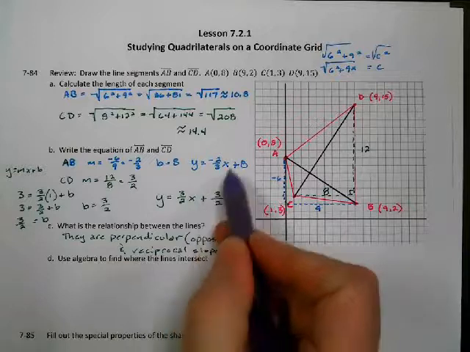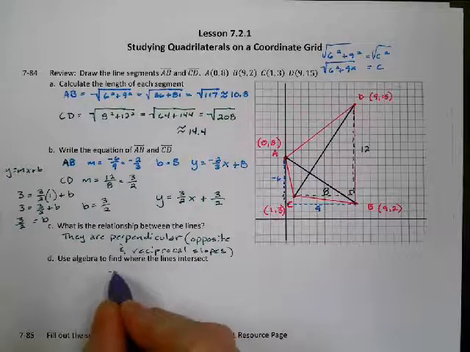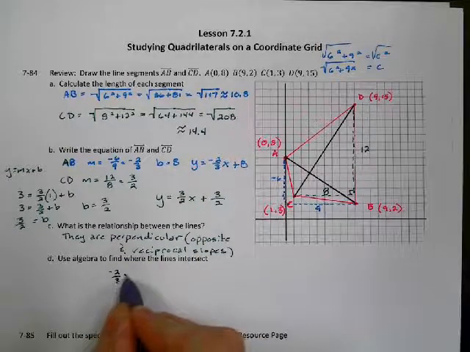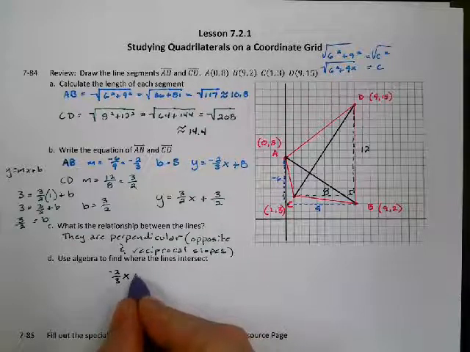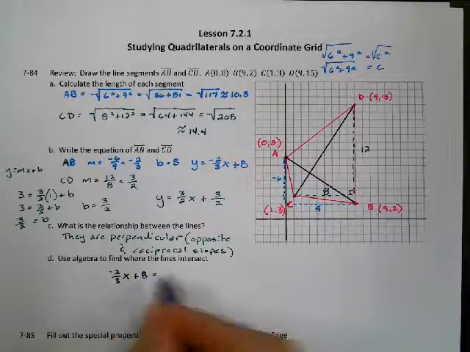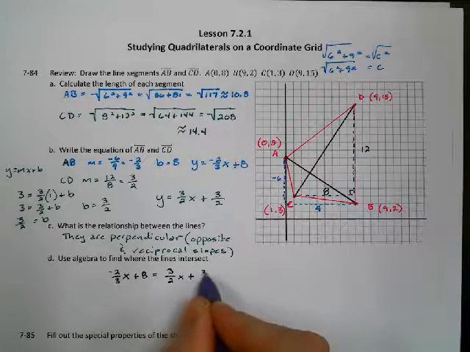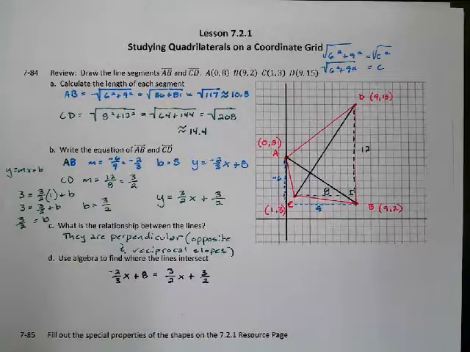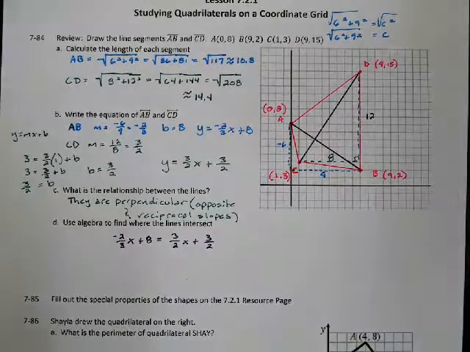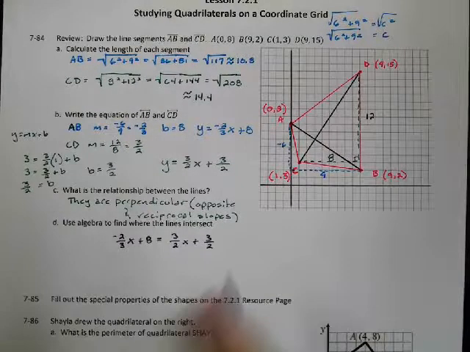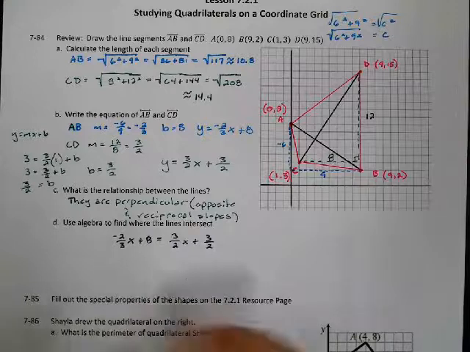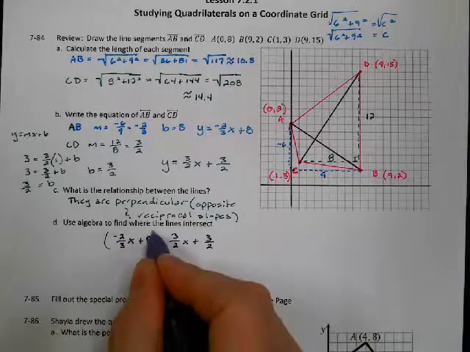So I'll write negative 2/3 x plus 8 equals 3/2 x plus 3/2. I don't like all these fractions on mine. So I'm going to multiply by, let's see, the common denominator is 6. So I'm going to multiply everything by 6. And then that will get rid of my fractions.